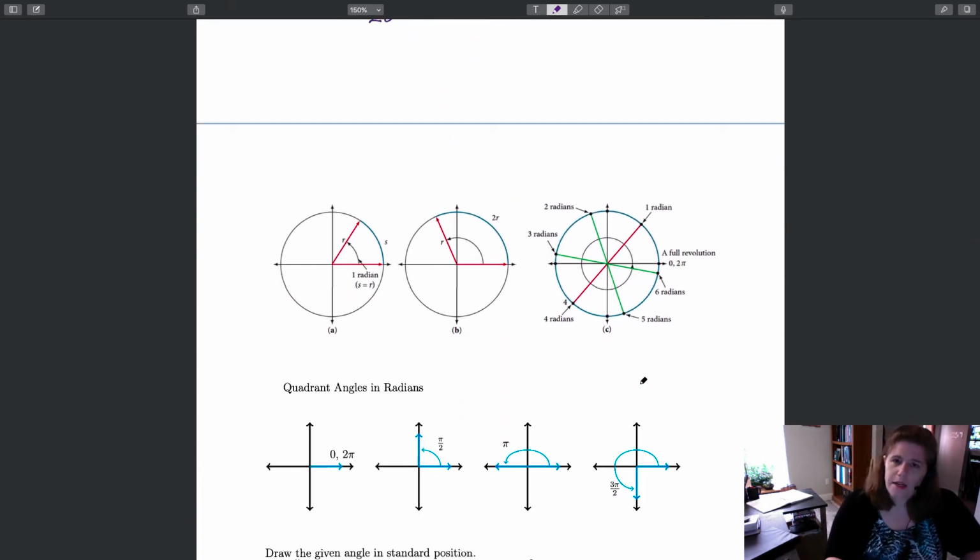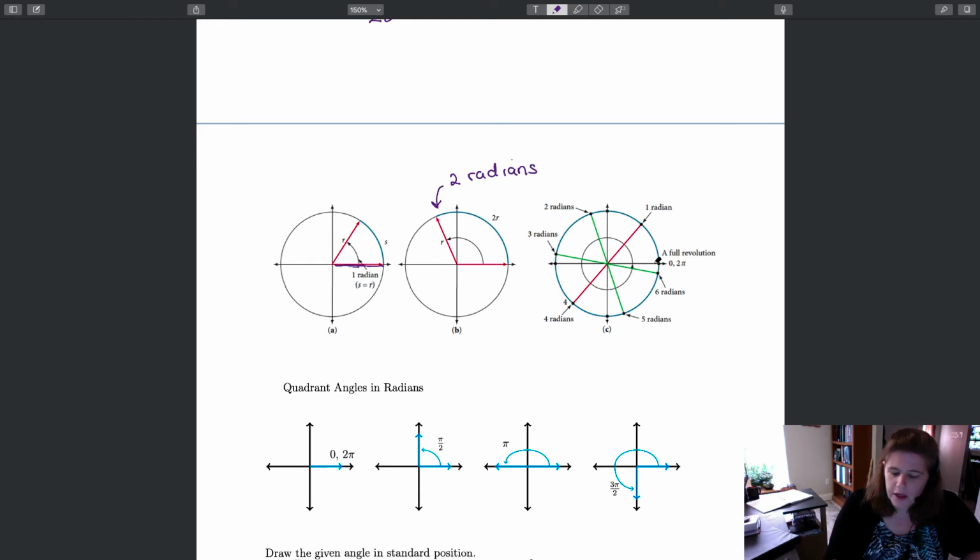There are many different groups of radians. So remember, 1 radian means that the radius is equal to the arc length. But if the arc length is equal to twice the radius, then this mark here would be 2 radians. And so on and so forth all the way around the circle.